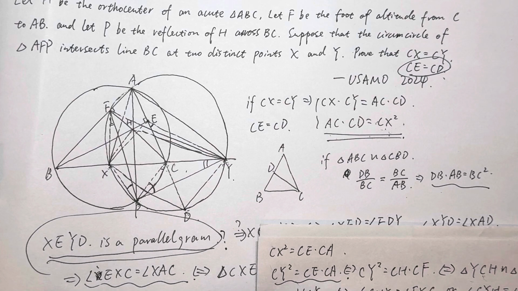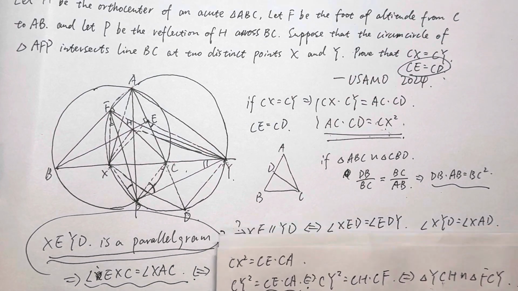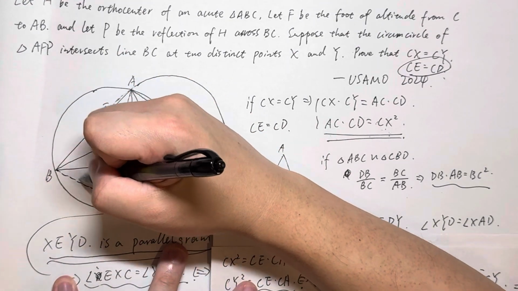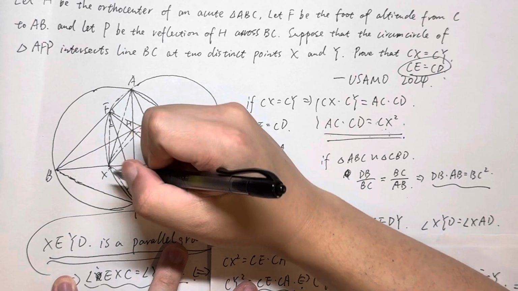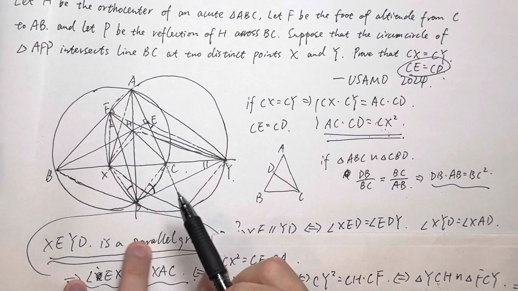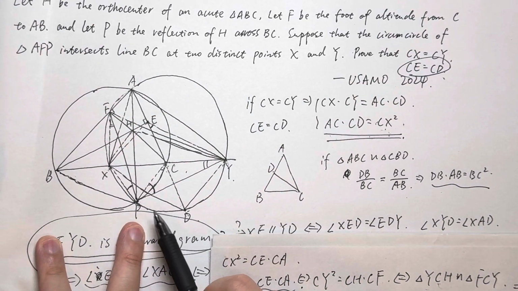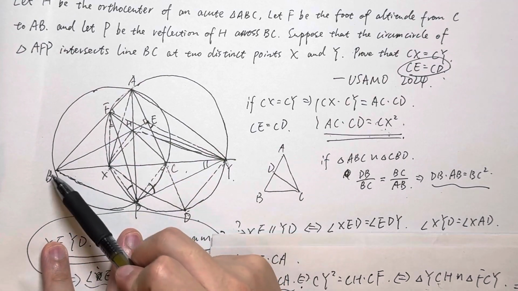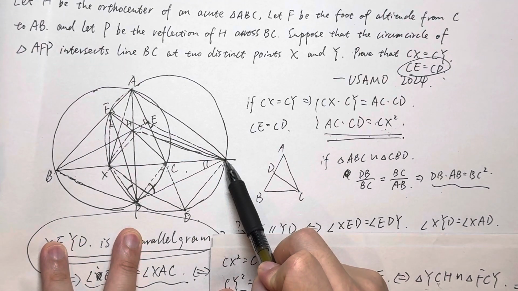So I'll leave this to the audience. It's just one step more. So I'll give the hint here. If you connect BP, you can actually find that triangle BXE is similar to triangle BPY.